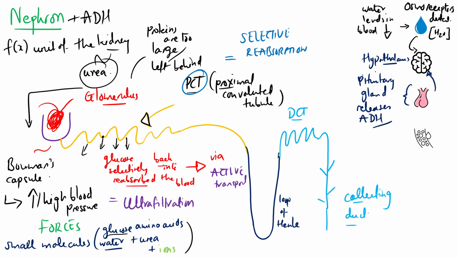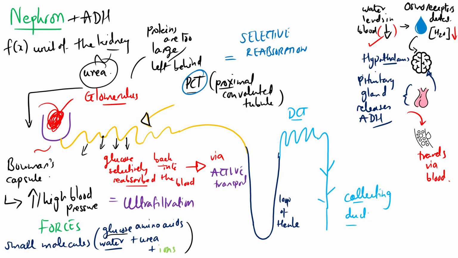And the letter H, hormone, means it travels through the what, guys? Exactly, the bloodstream. So far, so good. So this part is all about how we get to ADH release. I'm dehydrated. Water levels in the blood are reduced. Osmoreceptors detect this low concentration of water. They're located in the hypothalamus, and it contacts the pituitary gland to release ADH, which travels through the blood.